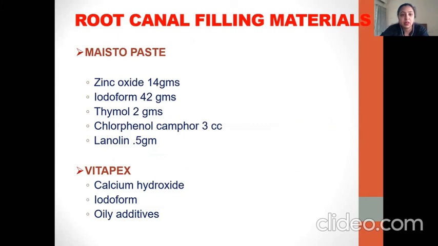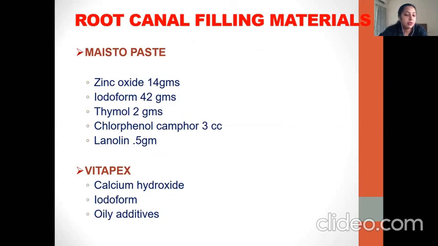Okay. Now these are different kinds of material which can be used for root canal filling, which we had seen in the earlier lecture. Zinc oxide eugenol, Metapex, which includes zinc oxide eugenol, iodoform, thymol, chloramphenicol, and lanolin. This everything is given in your textbook. Nothing new is given here. Vitapex, that is available in a mechanical pressure syringe form.